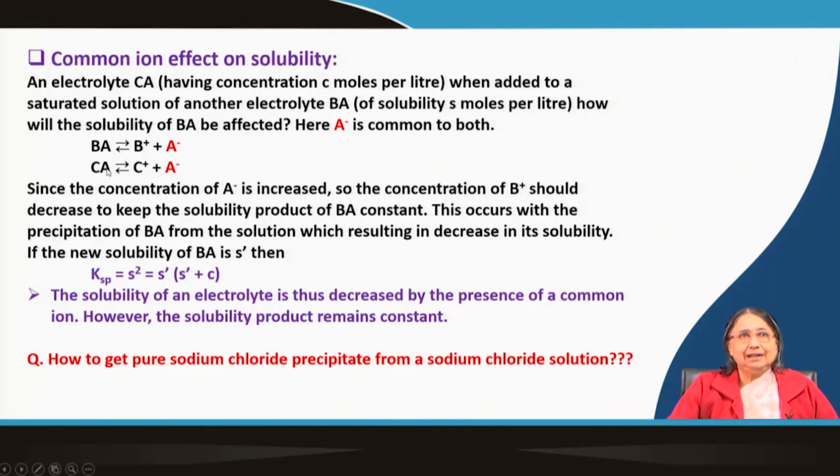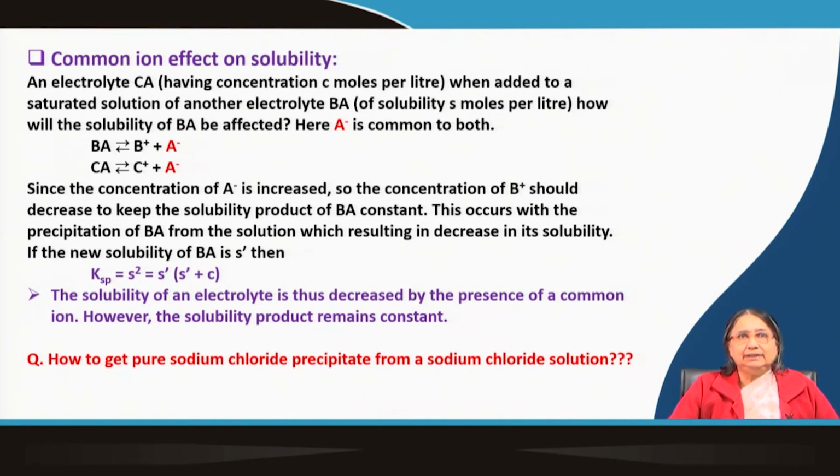What is the interesting feature here? In BA and CA, A minus is common. So, in the BA solution, where the solubility is S moles per liter, we are adding another electrolyte CA, and A minus is common. Then what will happen?